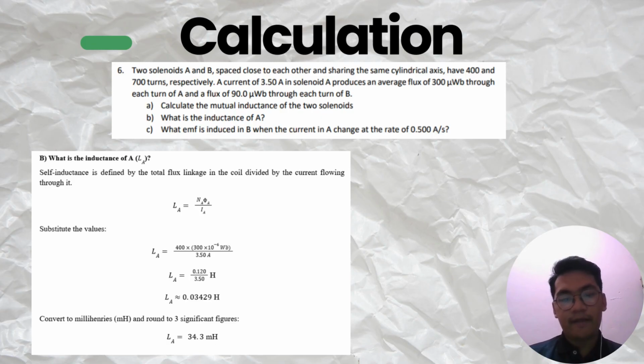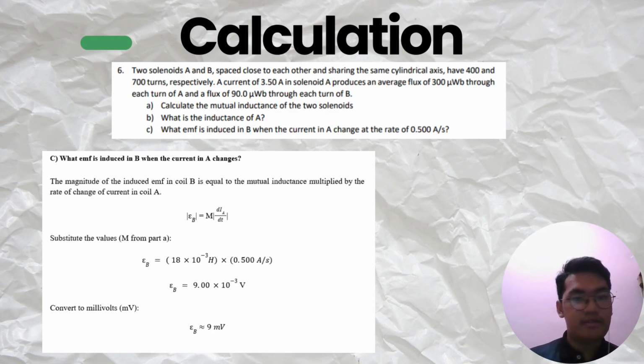From the information listed earlier, we get 0.120 over 3.50, and dividing gives 34.3 millihenry. That is the value of the inductance of A.